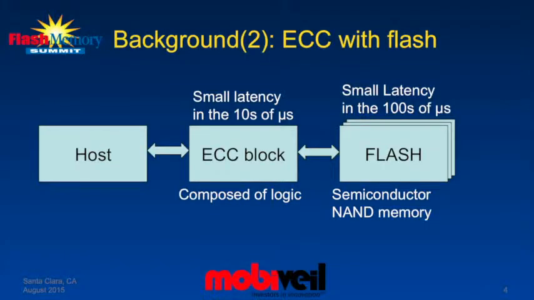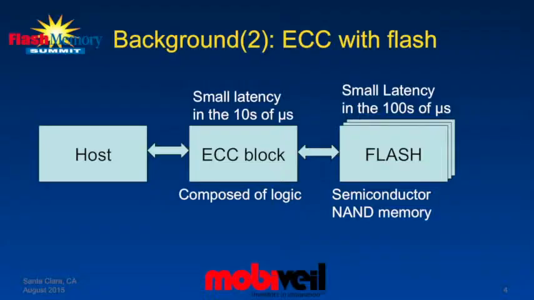Then we enter in with flash, and now the ECC block has basically the same performance in terms of throughput, but now it's not correcting 4 bits, it's correcting 60 bits. And instead of getting used every once in a while, it's being pounded by many banks of flash, bringing data through it all the time.